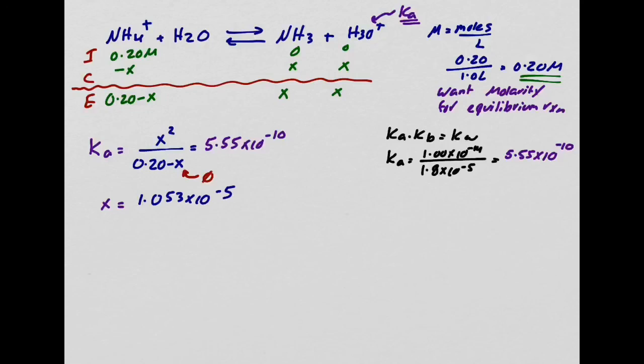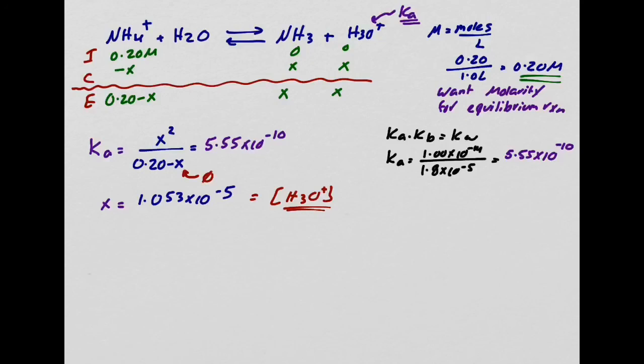That's great. Now what is x going to represent that is going to help me out? X is going to be the hydronium concentration. And that's going to help me out because I need the hydronium concentration to figure out the pH, right?